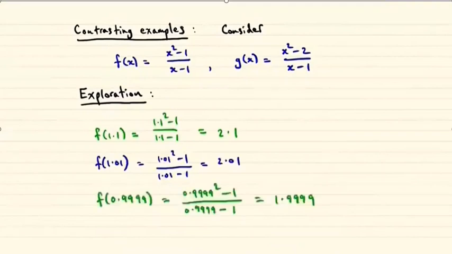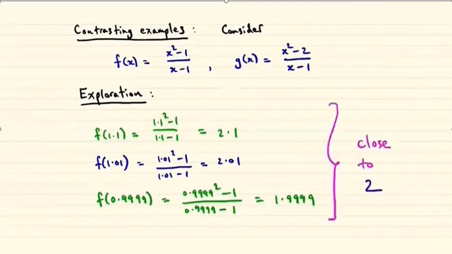And f(0.9999), taking an input very close to 1 but just a tiny bit less than 1, evaluates to 1.9999. We seem to be getting closer and closer to 2 by taking our inputs closer and closer to 1.